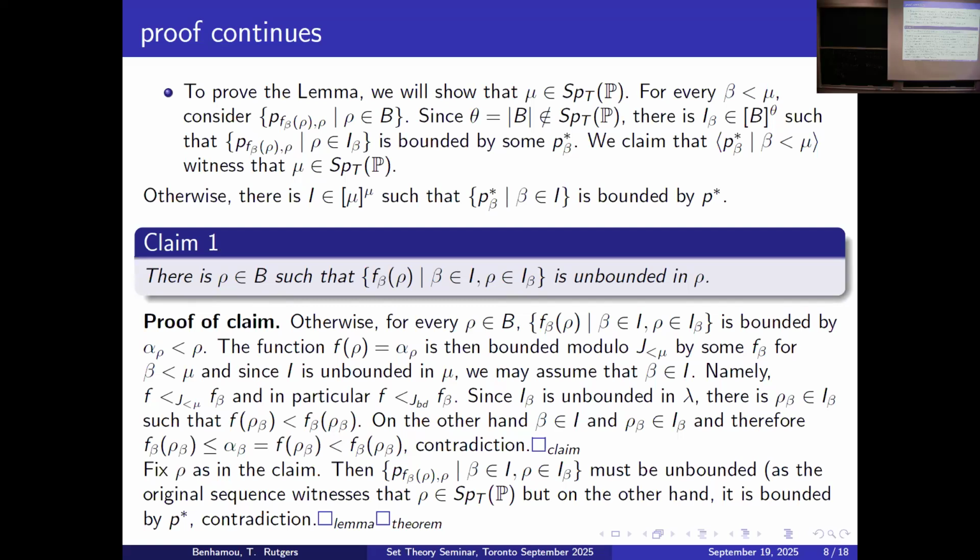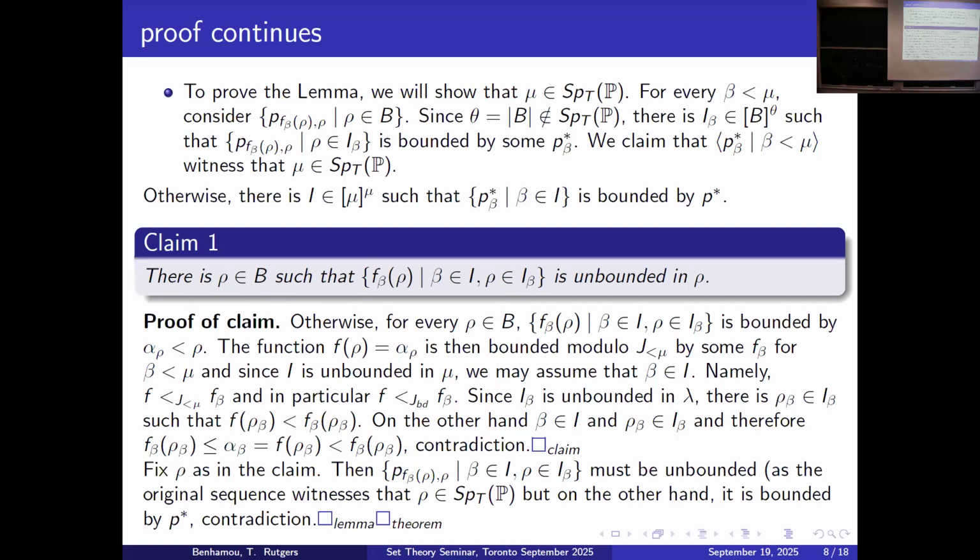This set, the set of F beta rho, beta in I, rho in I beta, is exactly, or maybe it's included in, the set of indices i less than rho such that P i rho is below P star.